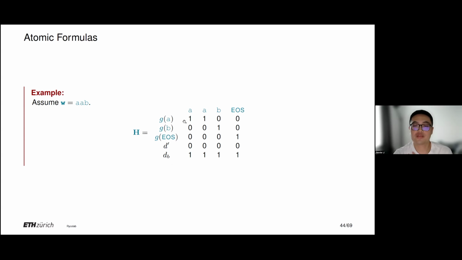The first dimension corresponds to pi A, and the second one corresponds to pi B. The third corresponds to pi EOS, and D prime is an unused dimension at this time, and dB is the bias dimension. As you can see, the first embedding is 1 if and only if the symbol at this position is A, and the second is 1 if it's B.